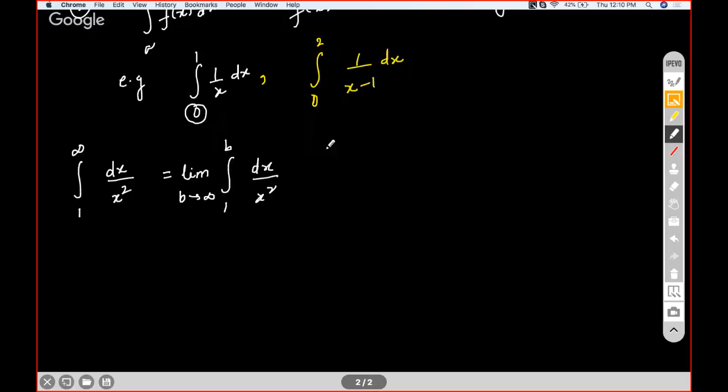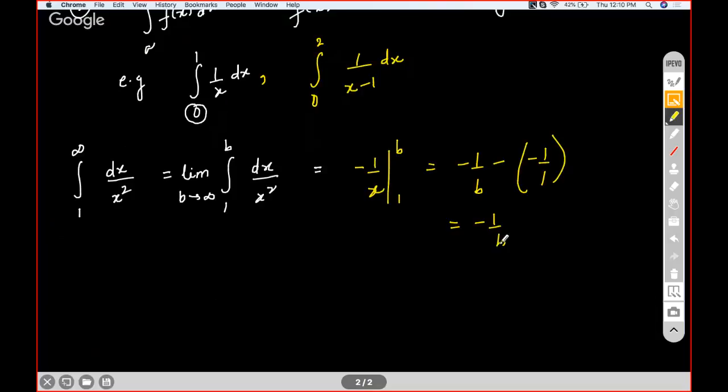So basically we take the limiting case of b tending to infinity. We integrate it in a proper way only. The integration of 1 by x square is negative 1 by x. We put those values as normal values: minus 1 by b minus of minus 1 by 1, which is minus 1 by b plus 1. Then we evaluate the limit of this as b tends to infinity.